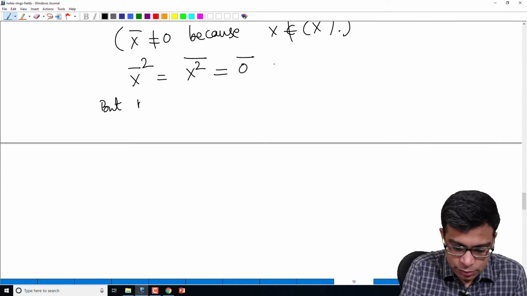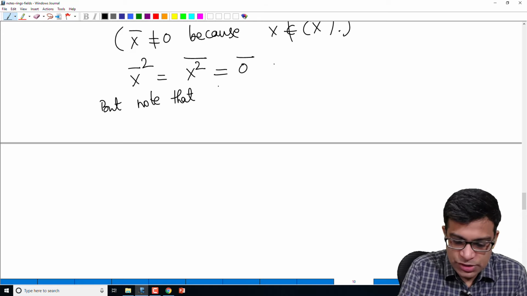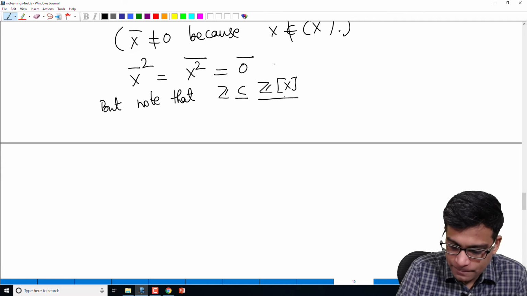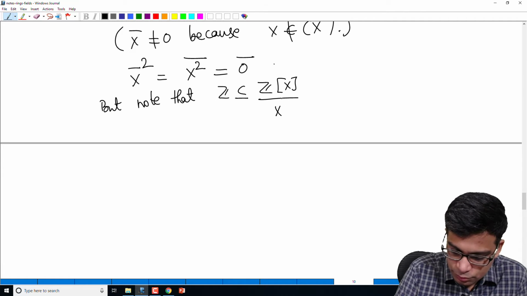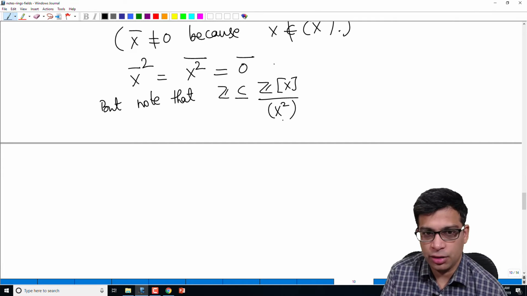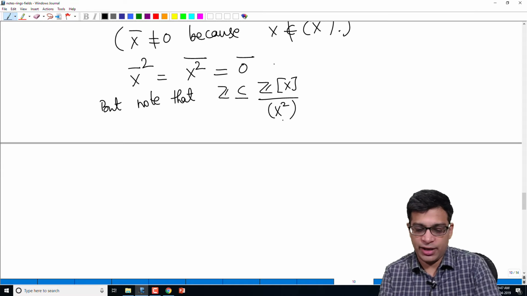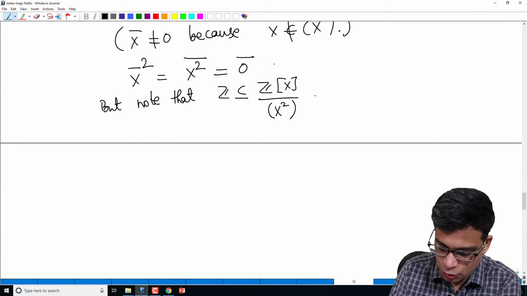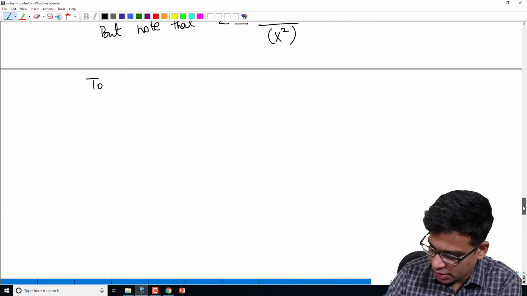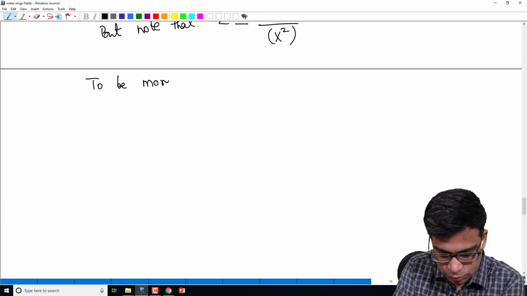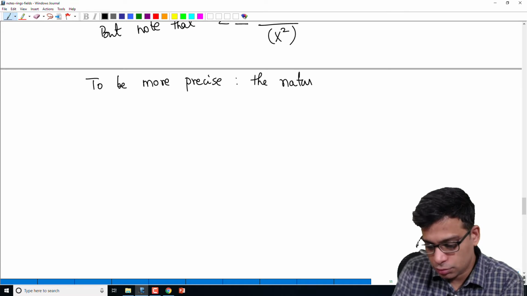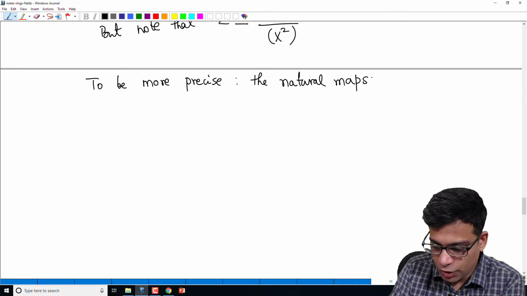But remember, Z can be thought of as sitting inside Z[x] mod (x squared), because any integer is a polynomial, a constant polynomial, so you can take that as an element of this. To be more precise, we have natural maps.